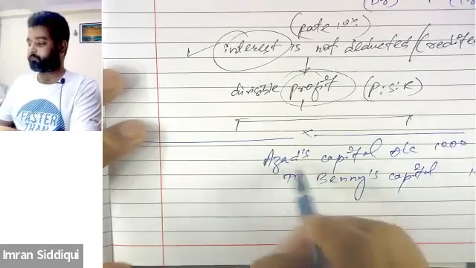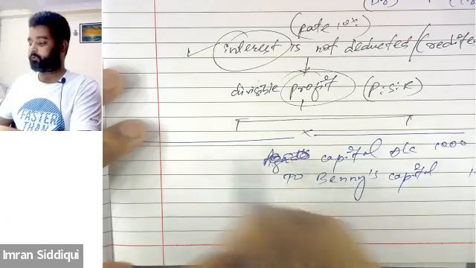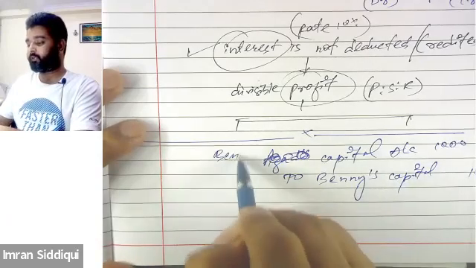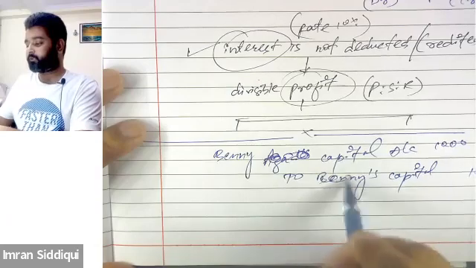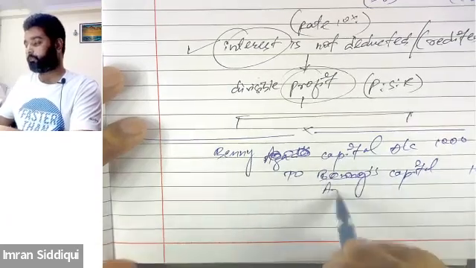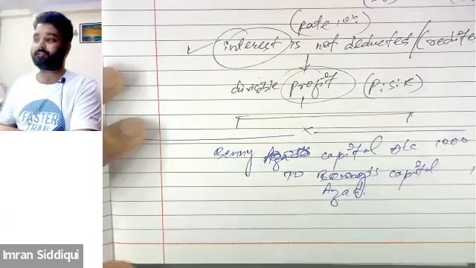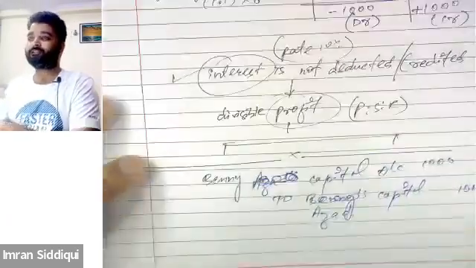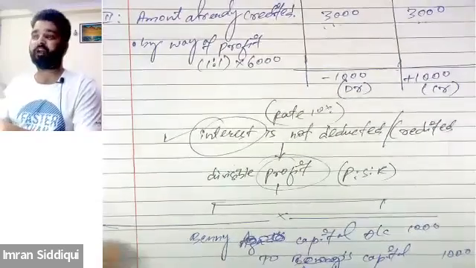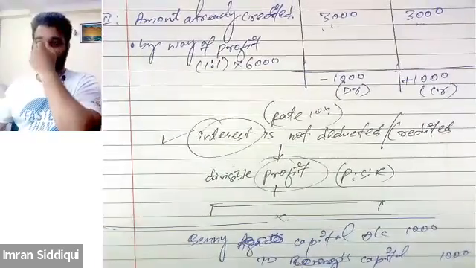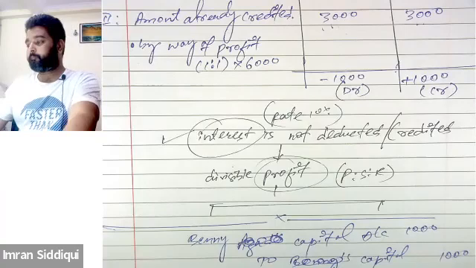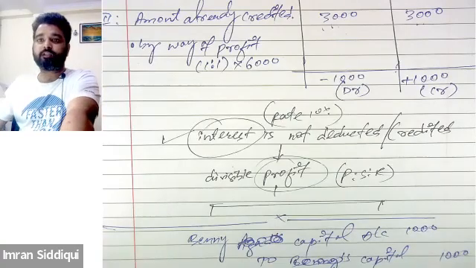Okay, I'm sorry. Benny's capital account should be debited. Sorry. So Benny's capital account debited to Azad's capital account. Since Azad is getting a positive balance, therefore we will have to credit Azad's capital account and debit Benny's capital. Is this clear, everyone?